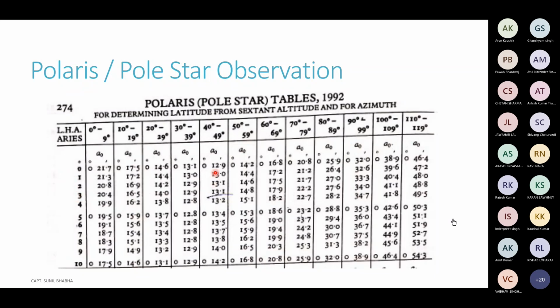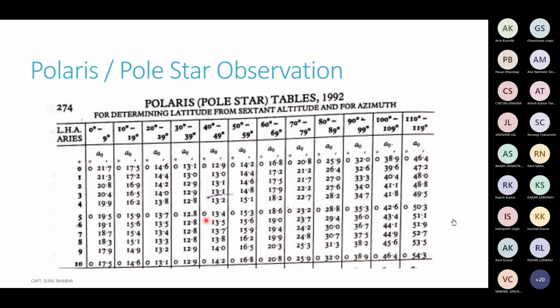Now let's say for example you want to find out the value of A0 for an LHA Aries of 45 degrees, then it will be in this column, going 1, 2, 3, 4, 5.